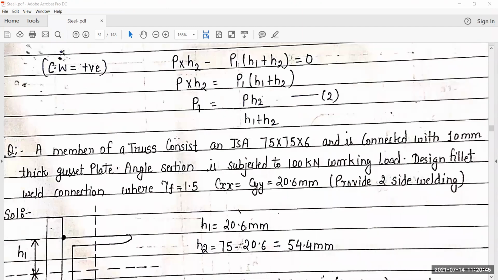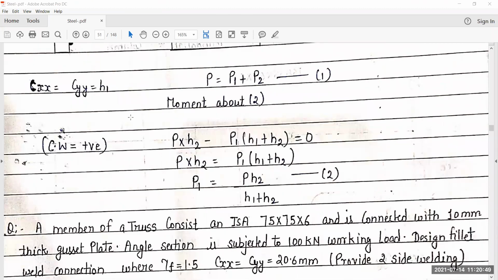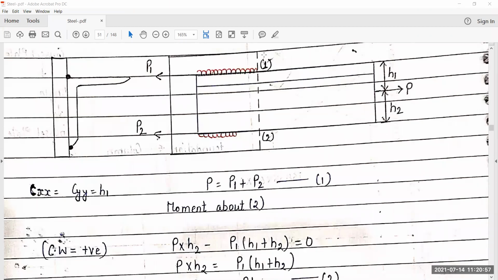Then P equals P1 plus P2. Cx is equal to Cy, and equal to the height h1.